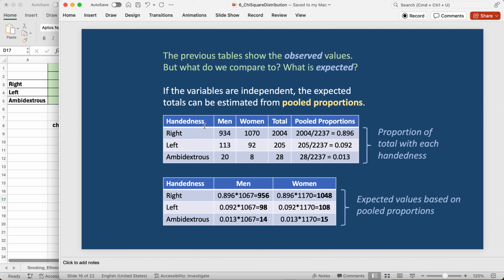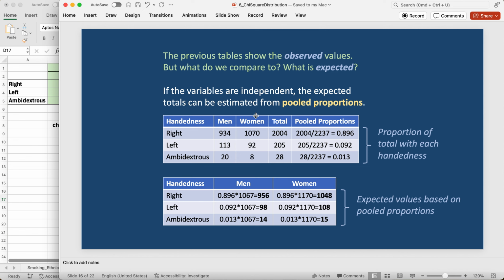So for right-handedness, there were 2,004 total people, so irrespective of gender. So 2,004 total, so 934 plus 1070. So you do that in each of the cases of handedness, and you have that total. And so we look at the proportion of that total to the total number of people.